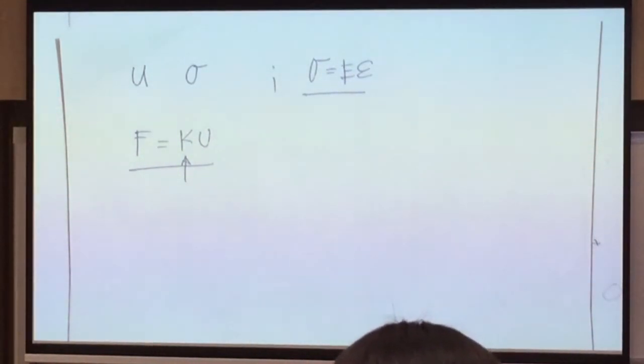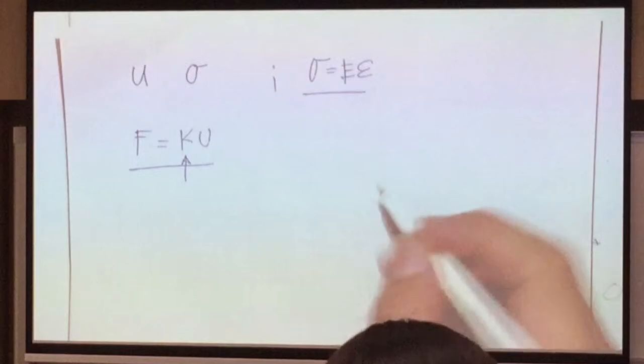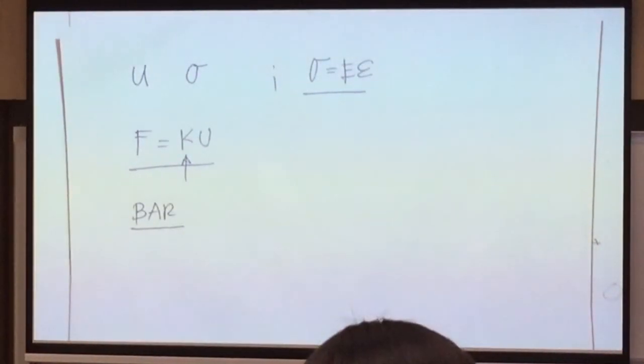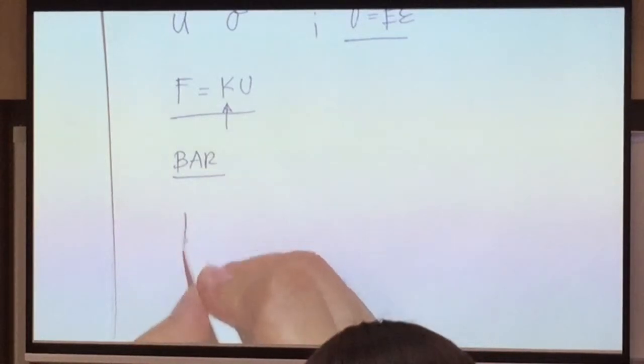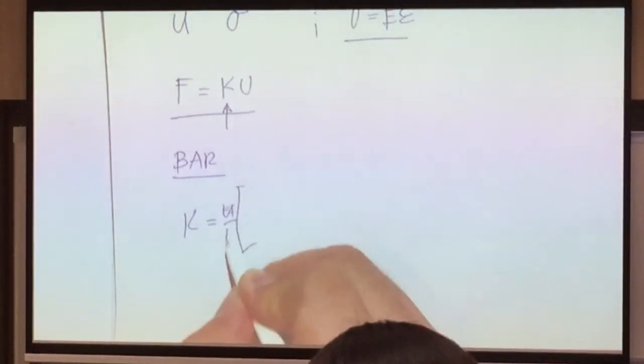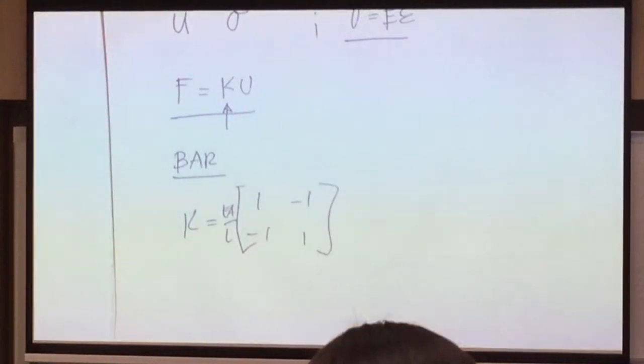So what was the stiffness matrix of a bar? It's quite straightforward. Our stiffness is simply EA over L, and then we have 1, minus 1, minus 1 and 1.